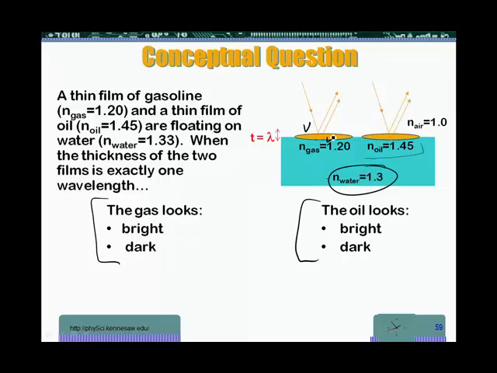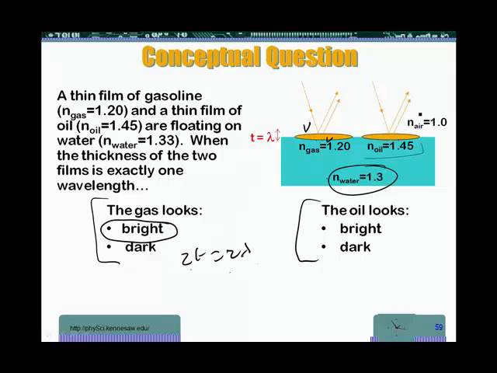So the phase changes even out, and twice t is just equal to twice lambda, since t is equal to one wavelength, and I'm assuming here the wavelength inside that film. Now, if twice t is equal to twice the wavelength, the two rays are going to be in phase. The phase changes even out, so I should get constructive interference, so it's going to be bright.